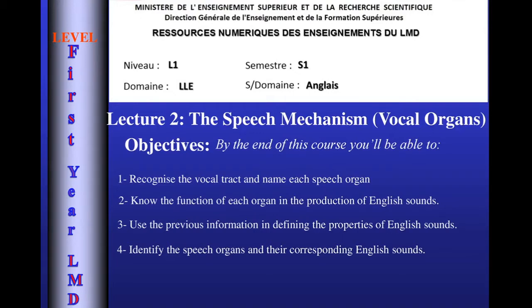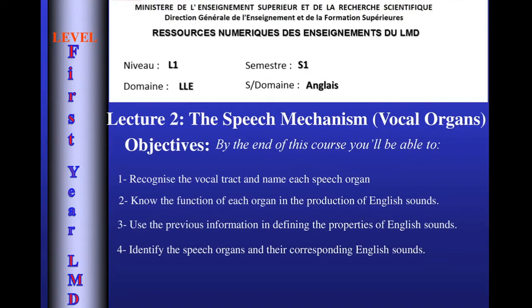Third, you can use the previous information in defining the properties of English sounds, whether you describe vowel sounds or consonantal sounds. Finally, by the end of this course, you can identify the speech organs and their corresponding English sounds, and how we can produce those sounds using our speech organs.